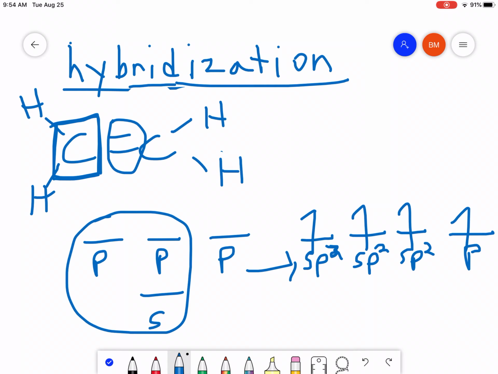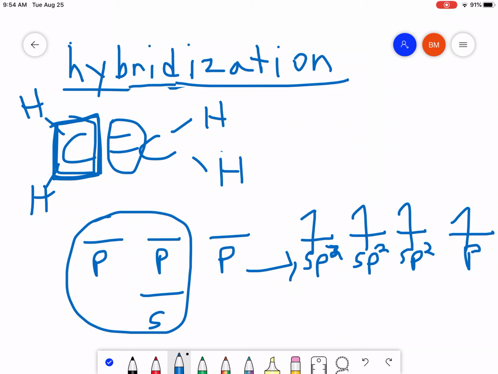Remember, sigmas have to be in hybrid orbitals, so if we only have 3 unpaired electrons in hybrid orbitals, that means we can only make 3 sigma bonds. All right? And if you look at this carbon again, well, it's got a single bond to hydrogen, that's 1. It's got a single bond to another hydrogen, that's 2. And it's got a double bond to carbon, right? Remember, 1/2 of a double bond is sigma. So that explains all your sigmas.